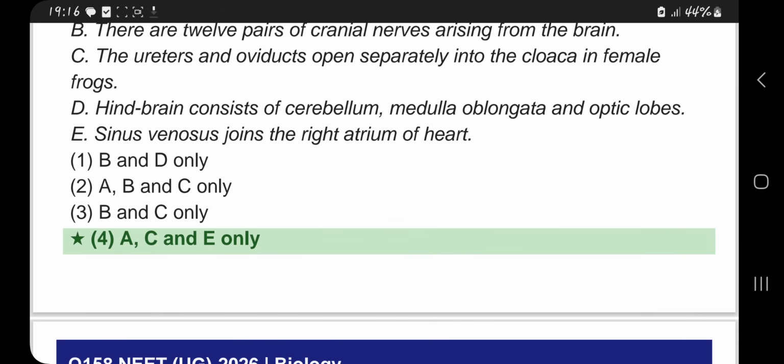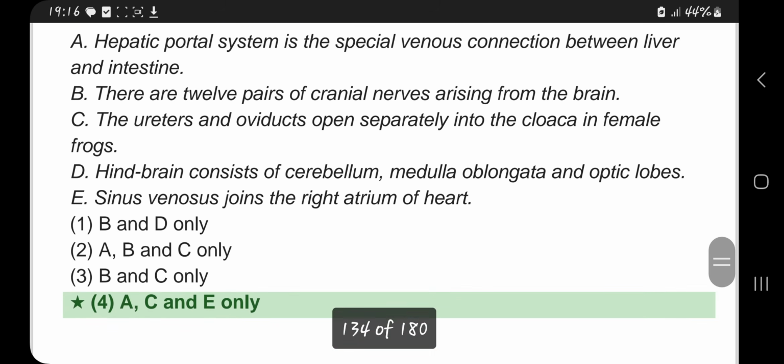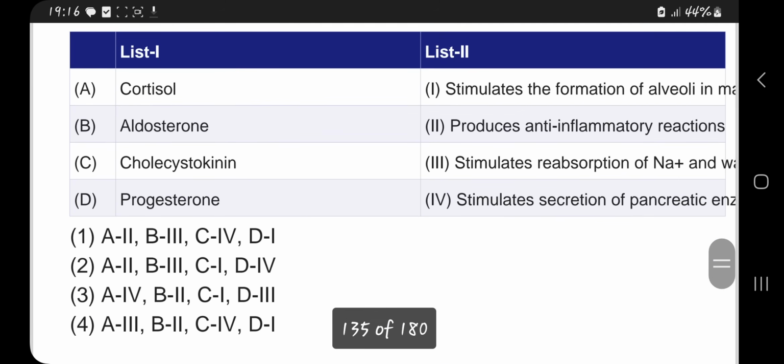Hindbrain does not consist of cerebellum, medulla oblongata and optic lobes. Optic lobes are not a part of hindbrain. That is the reason. Cerebellum, medulla oblongata would have been fine. So that is the reason it is wrong. B, I have already told you they have 10 pairs of cranial nerves. So that is the reason it is a wrong option.